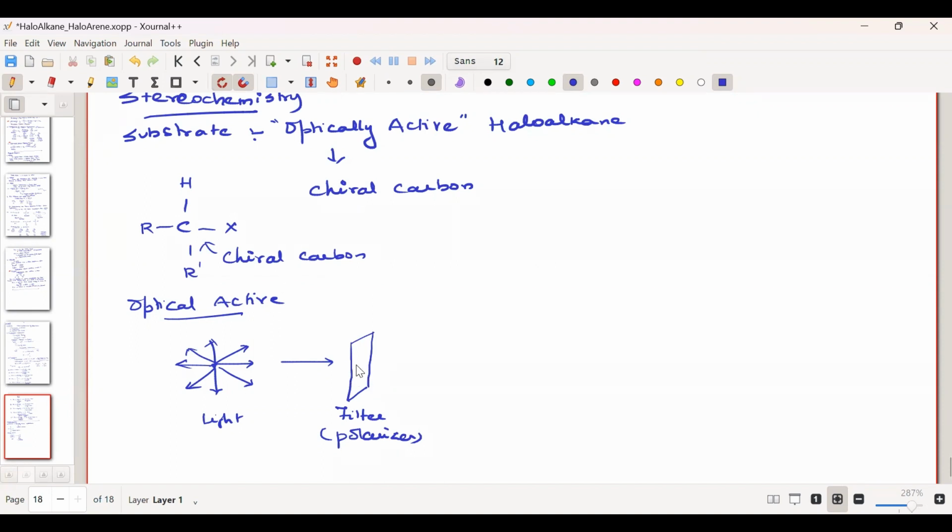You have different types of filters which will permit light in only one direction. For example, this filter will only permit light which is going in this direction. So when the light passes through the filter, only this remains. Understood? All the rest of the light has been blocked.